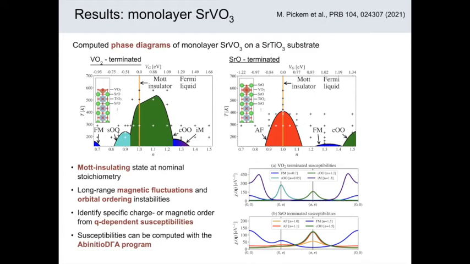Then you can look for which momenta those susceptibilities have a maximum, peak or diverge. There you basically have a transition to a magnetically or charge ordered state. And this is how they identified the different phases in these phase diagrams, right?